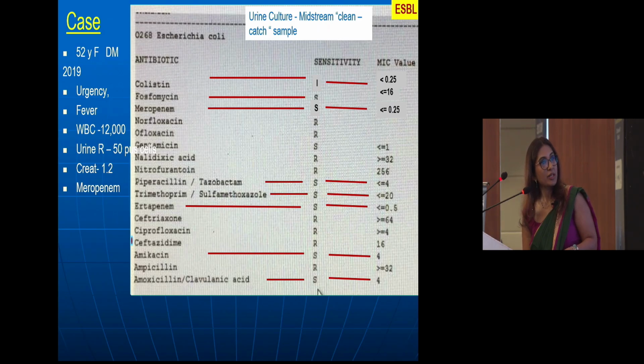We have susceptibility to amoxiclav, the BL-BLI combination of piperacillin-tazobactam, TMP-SMX, of course amikacin is susceptible, then we also have meropenem susceptible, fosfomycin susceptible, and colistin is intermediate.